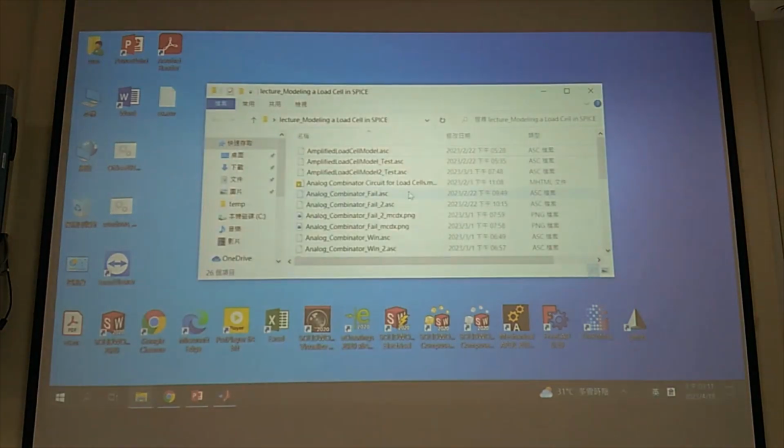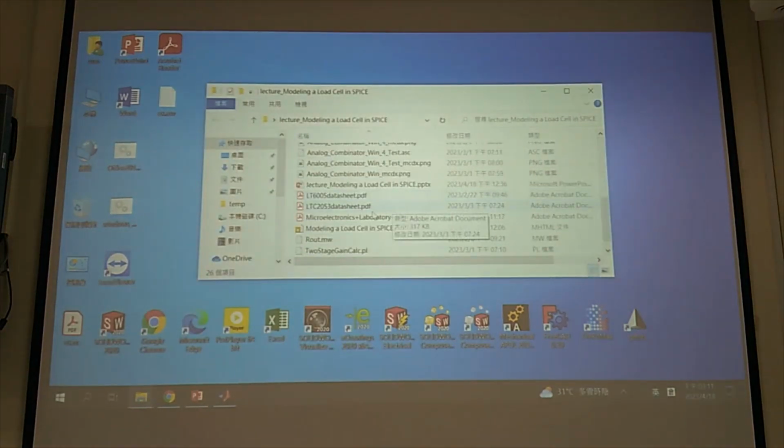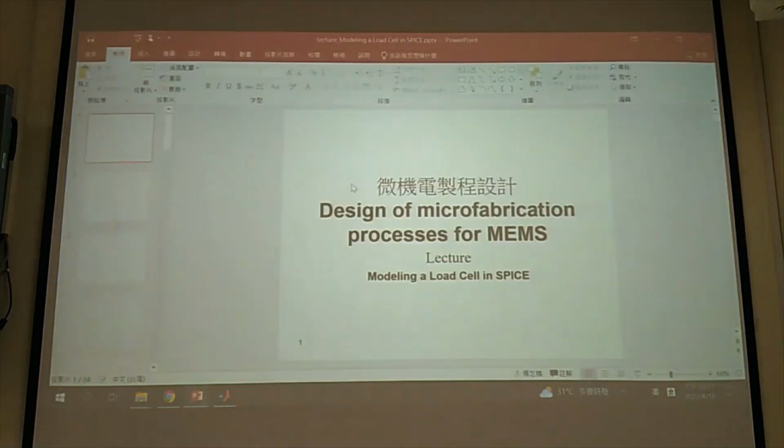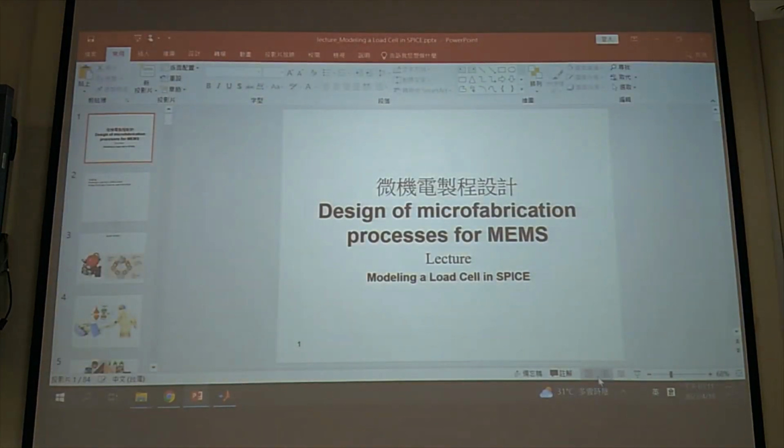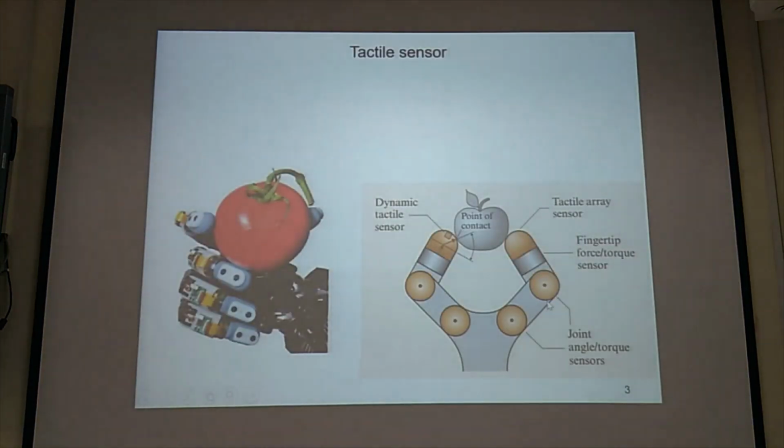Load cell. Because we have sensors, usually pressure sensor to measure the pressure, or force sensor. I apply a force to, say, this one, the robotic hand.